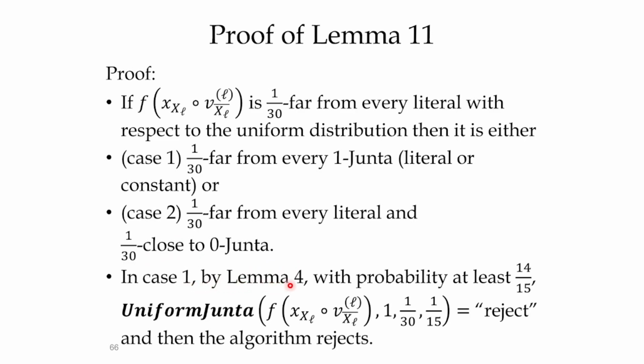In case 1, by lemma 4, with probability at least 14/15, the uniform junta test rejects, and then the algorithm rejects.